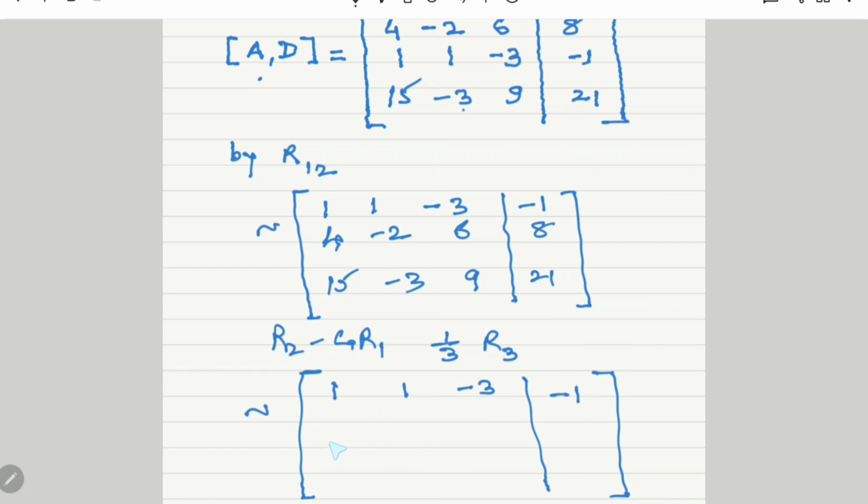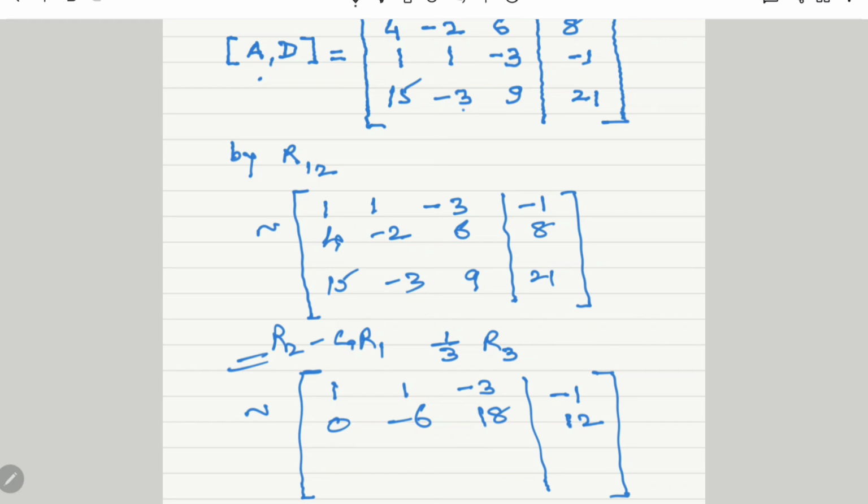Second row, applying this transformation, R2 minus 4 R1: 4 minus 4 we get 0, minus 2 minus 4 we get minus 6, 6 plus 12 we get 18, and 8 plus 4 we get 12.